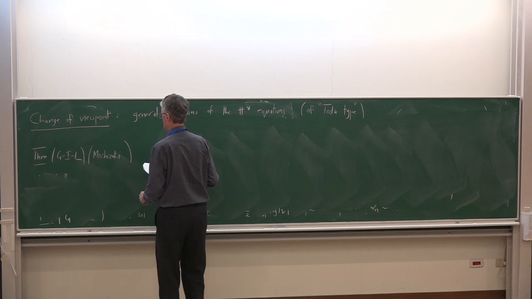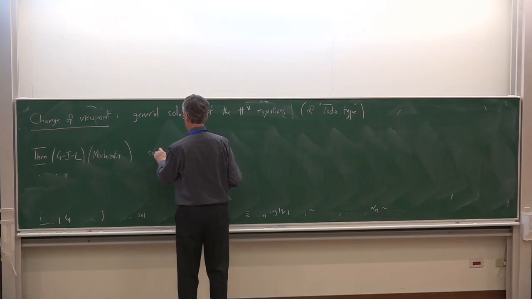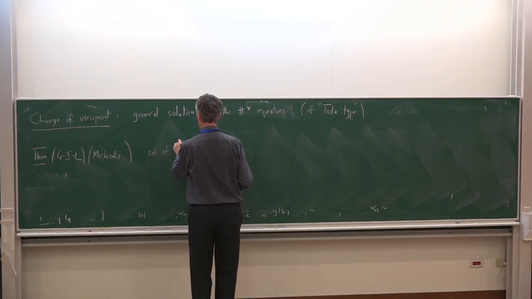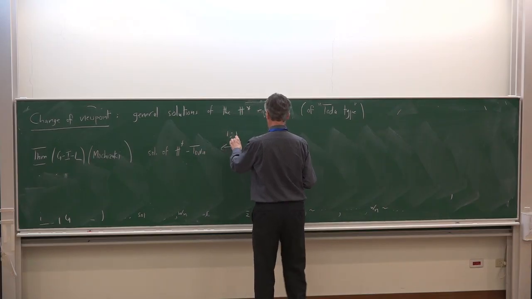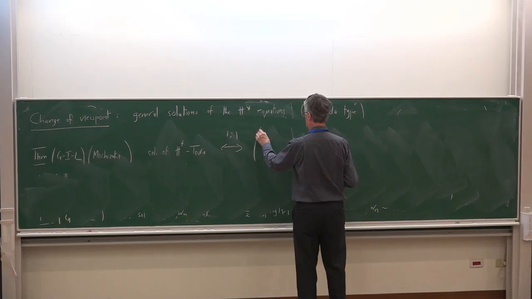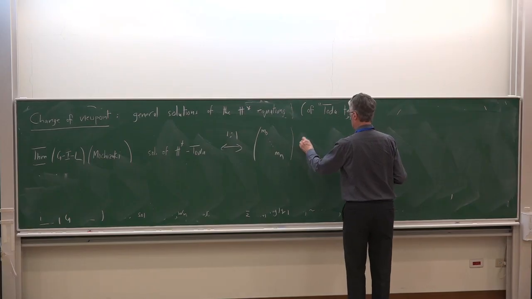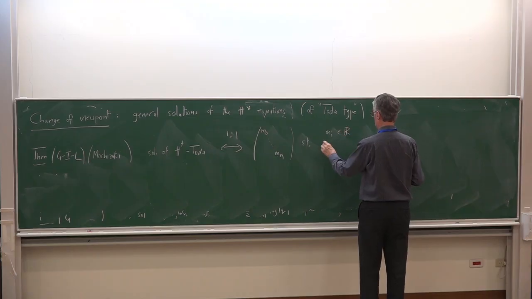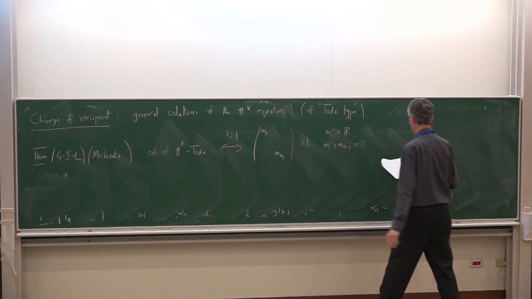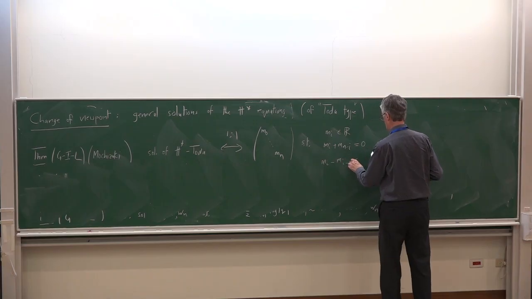In general, it's a conjecture of Cecotti-Vafa, which we only verified in this one case, that the solution of TT star, let's call it TT star Toda, corresponds one-to-one to some asymptotic data. Now I'm talking about CPN, such that these m's are real numbers, and they satisfy this symmetry condition, and they are constrained like this.